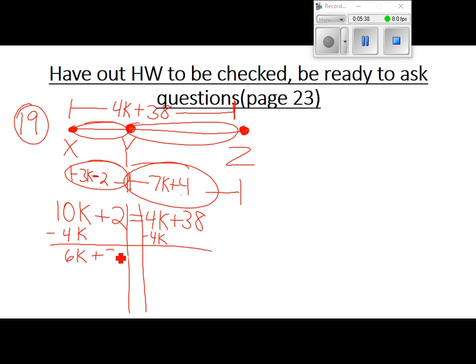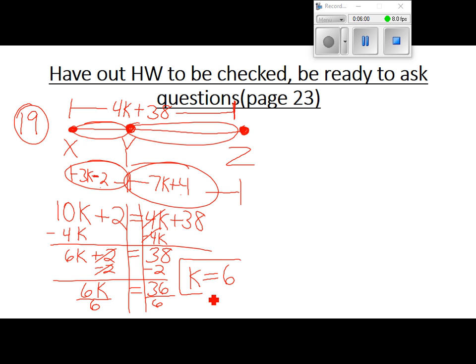If I do something wrong, somebody please tell me. That's 38 left on that side. Subtract 2 on both sides. Those cancel out. That leaves me with 6K on this side, 36 on that side. Divide by 6 on both sides. And I think K ends up being 6. Did I do that correctly? Yeah. Is that our answer?